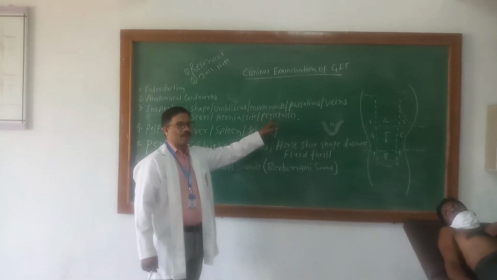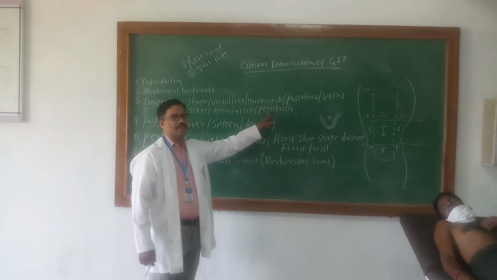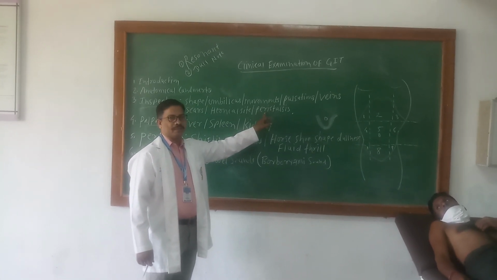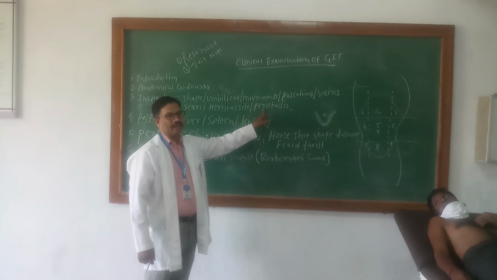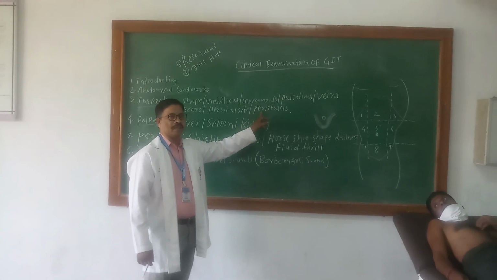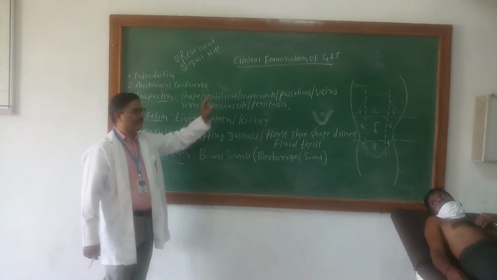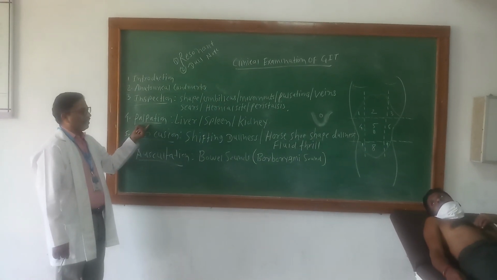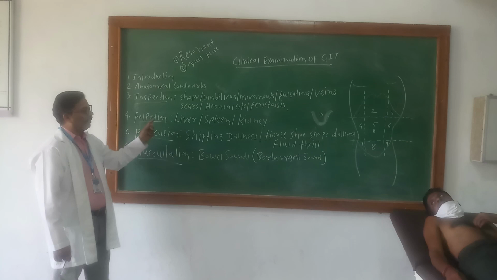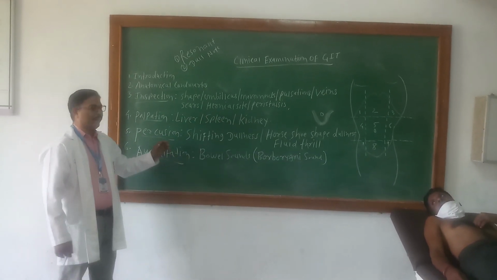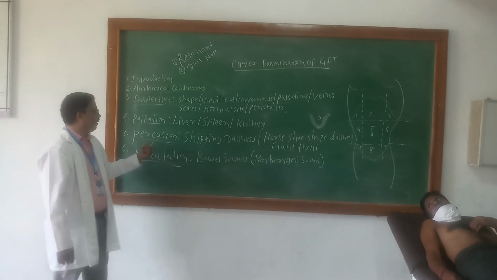Peristalsis is normally not seen externally, but if the patient is very thin and there is obstruction in the GI tract, then you can see peristaltic waves on the abdomen. So these are the different points that come under inspection. Then comes palpation. We have to palpate the liver, spleen, and kidney, 3 organs, in palpation. I will give a demonstration later on.